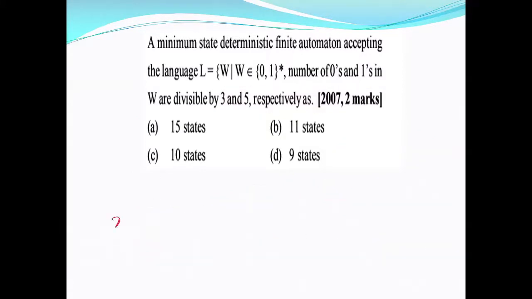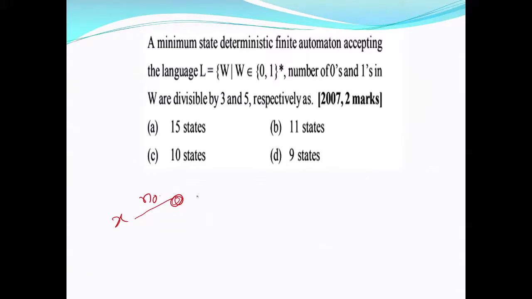If you take a string x, the number of zeros, when divisible by 3, could be, let me take the smallest possible value, so if it is divisible by 3, you get a remainder of 0. This is one possibility.